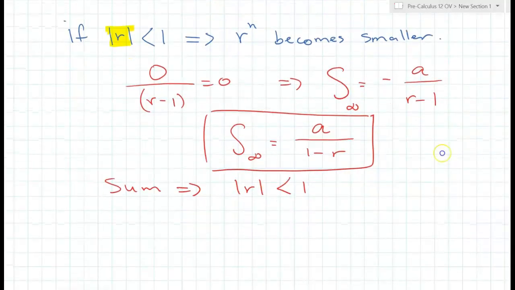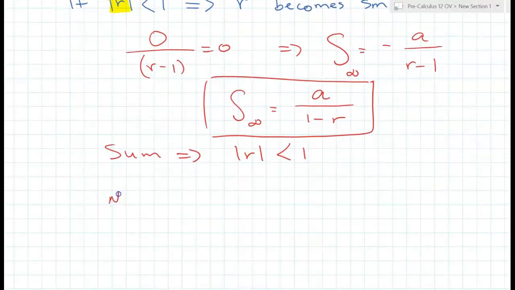If it is bigger than 1, no sum, because you can't add if the absolute value of R is greater than 1. Simple as that. Okay?